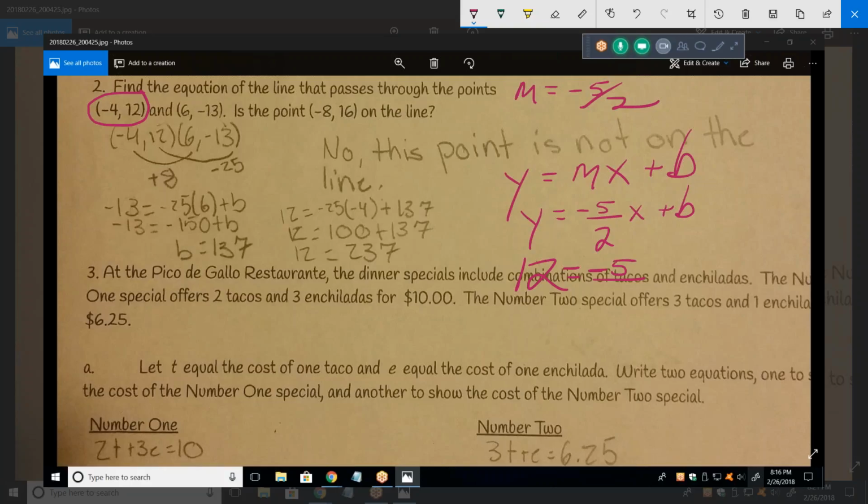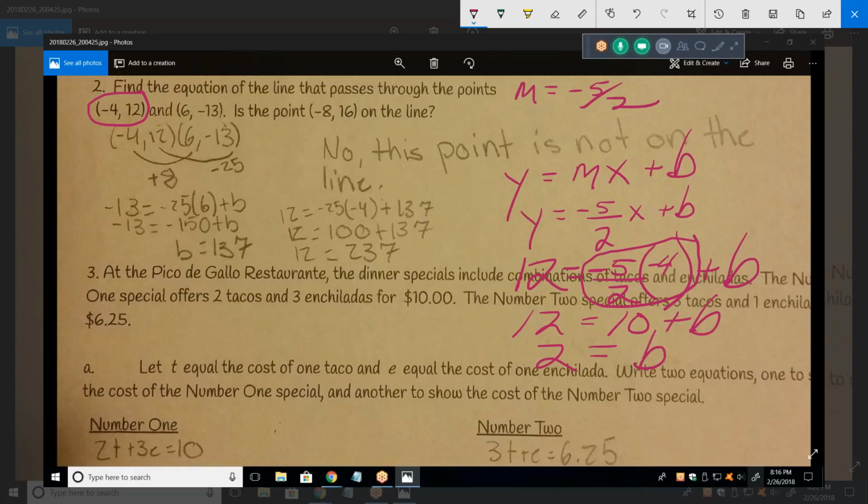The x value is going to be what? -4. Notice that that's going to solve for b. Now, this whole thing becomes positive 10. And now I have 12 equals 10 plus b. Move the 10 over. I got 2 equals b.